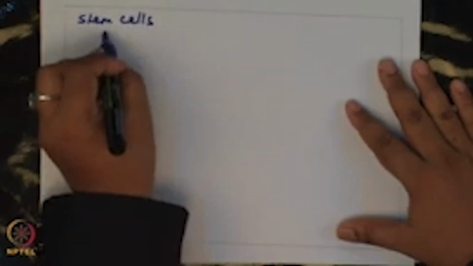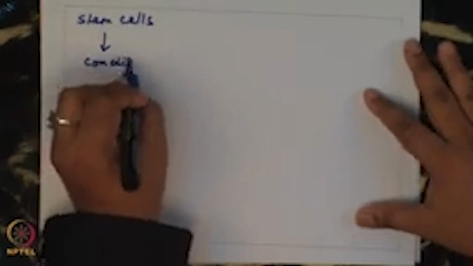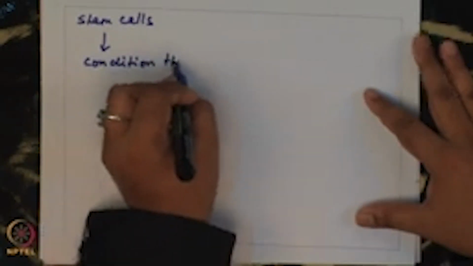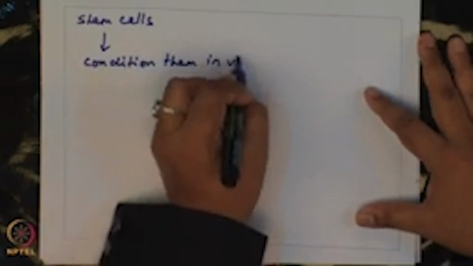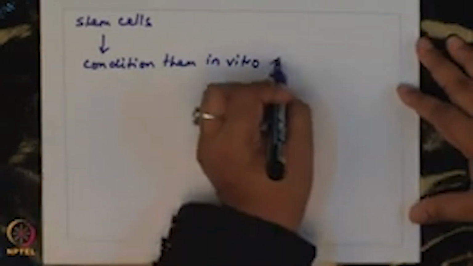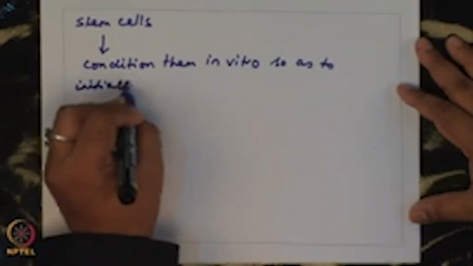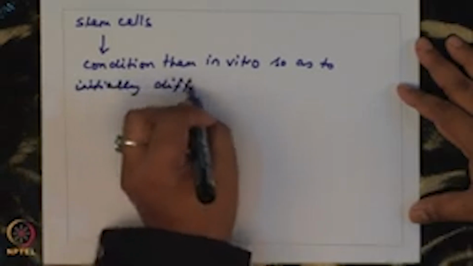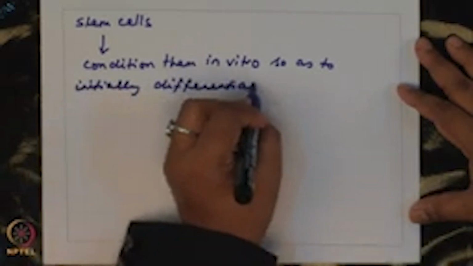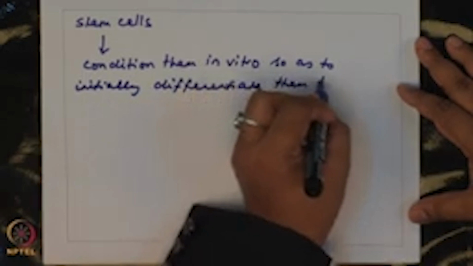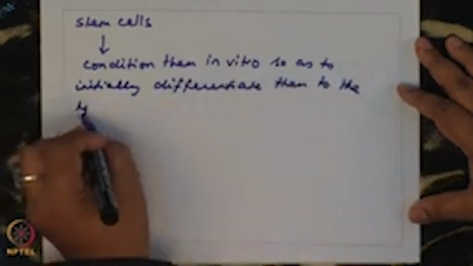One way to get around this problem is to take stem cells and condition them in vitro so as to initially differentiate them to the type of cell you want.